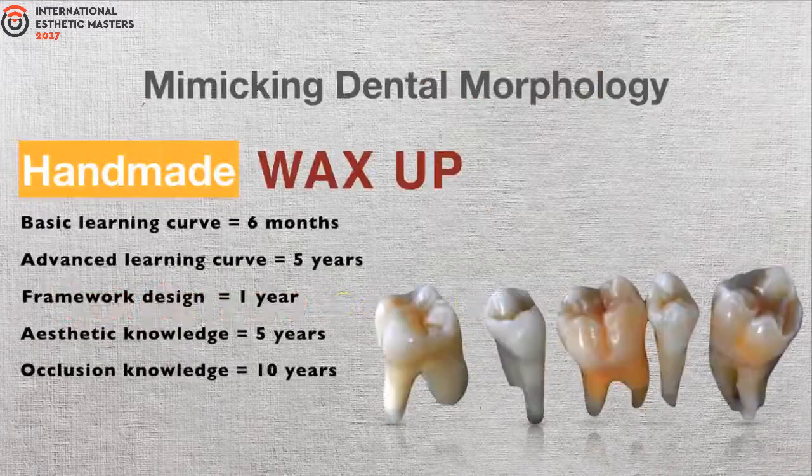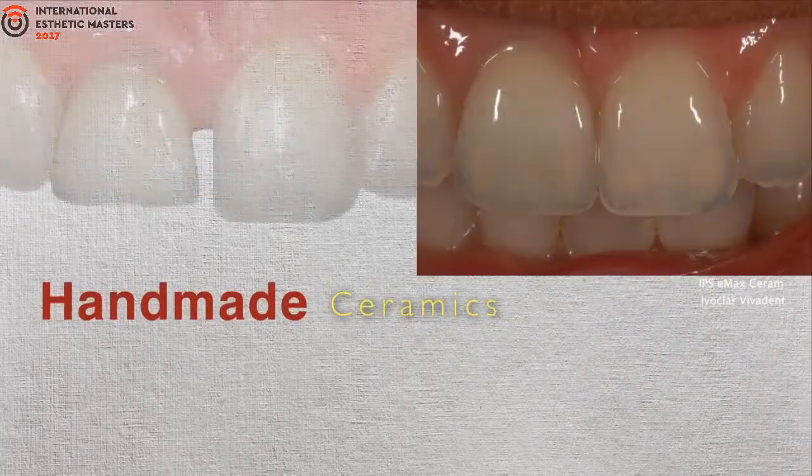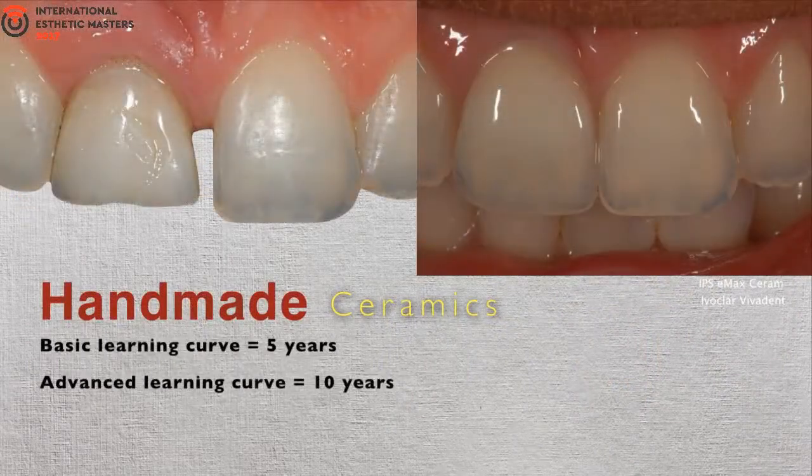When talking about ceramic procedures, the basic learning curve takes at least 6 years, but to gain aesthetic skill, 10 years. It takes a very long time for lab technicians to become proficient, and not all of them will turn out to be real artists.